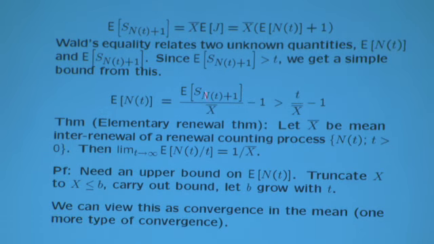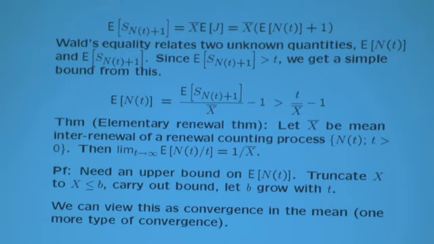So the expected value of N(t), solving this equation, is the expected value of S sub N(t)+1 over X bar minus 1. And then you lower bound the expected value of this first arrival after t by t. So the expected value of N(t) has to be greater than t over X bar minus 1.